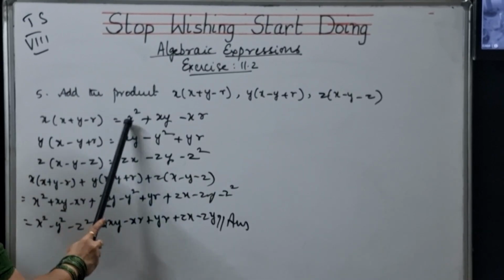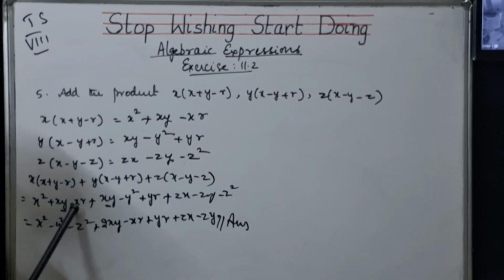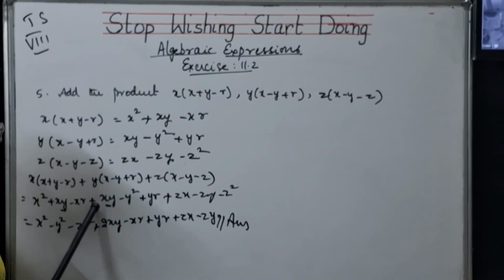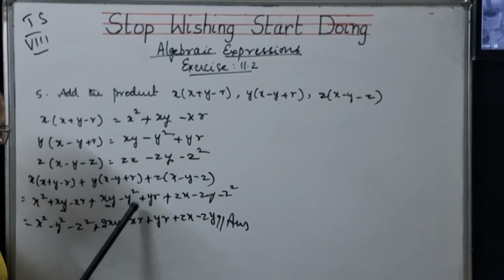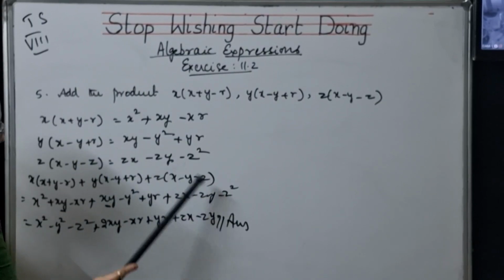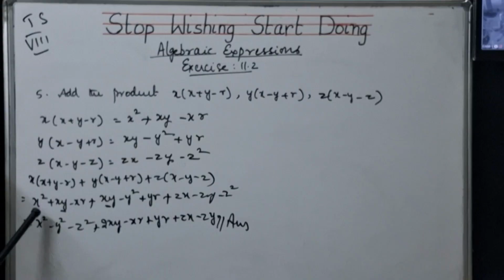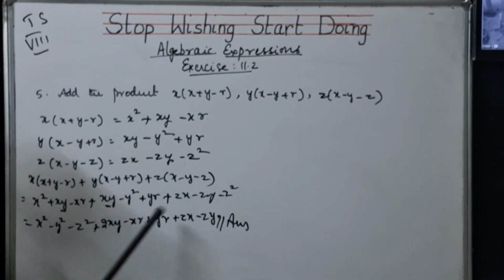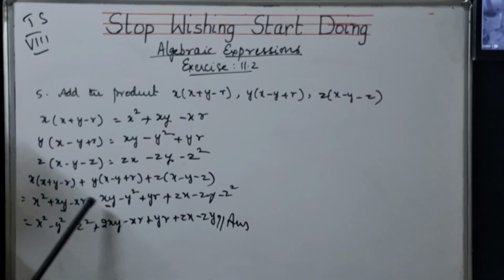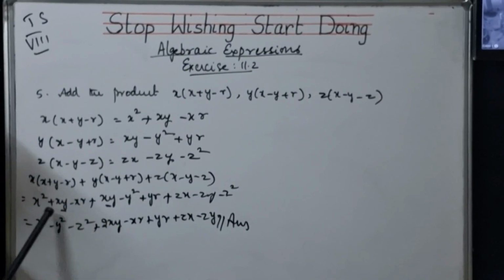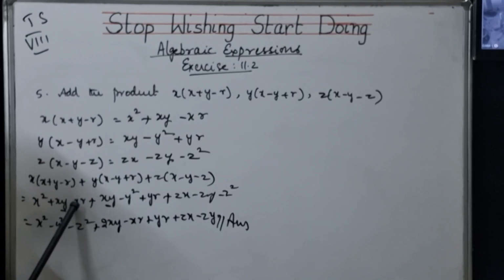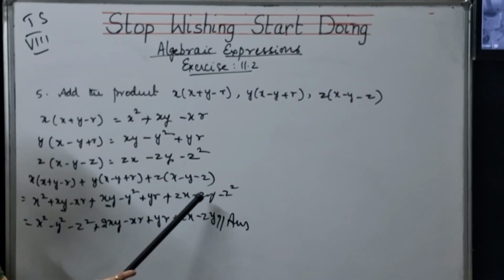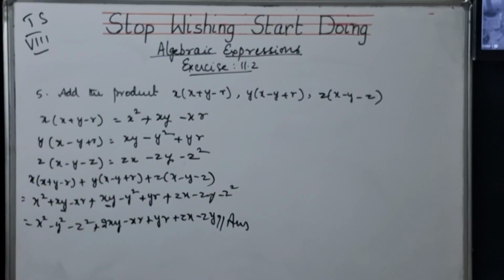So when I am adding x square plus xy minus xr plus xy minus y square plus yr plus zx minus zy minus z square, I wrote first squares together. X square minus y square minus z square. Here xy's 2 are there, so 2xy minus xr plus yr plus zx minus zy. Please note it down.